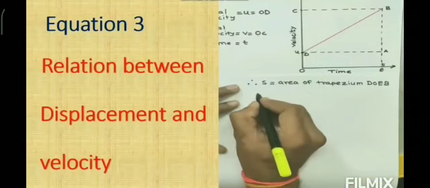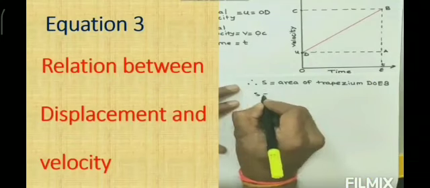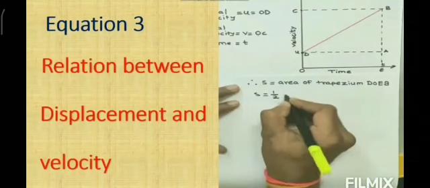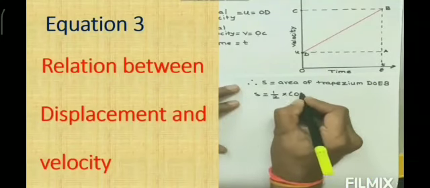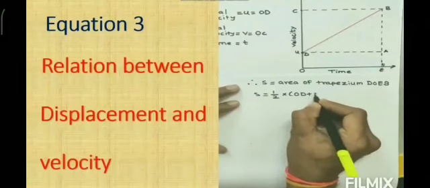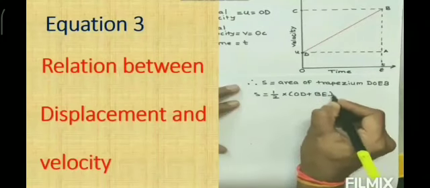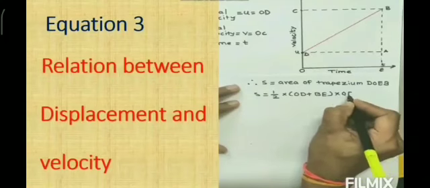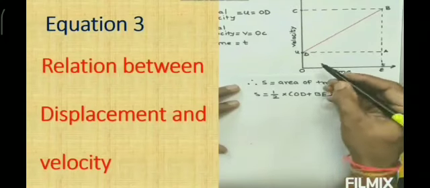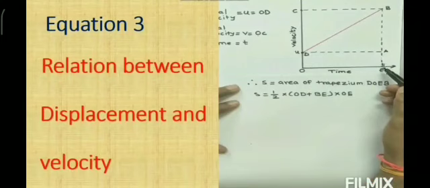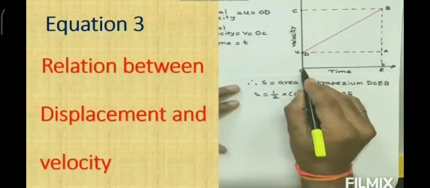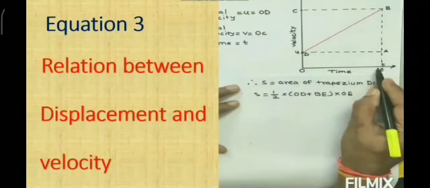Using this formula we get S is equal to half into OD plus BE into OE. See here the parallel sides are OD and BE and the distance between the two parallel sides is OE.